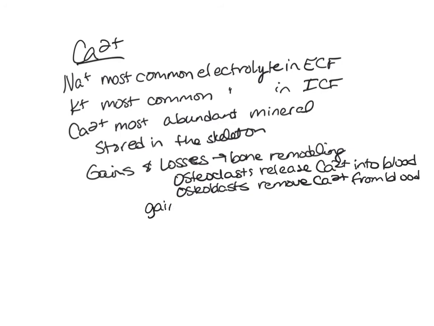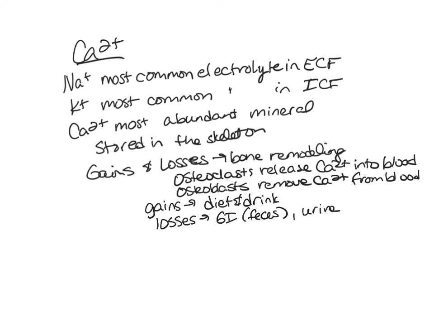Additional gains of calcium are from diet and drink, so from the digestive tract. Also we have losses of calcium through the GI tract, so through feces, and there's also losses through the kidneys through urine.